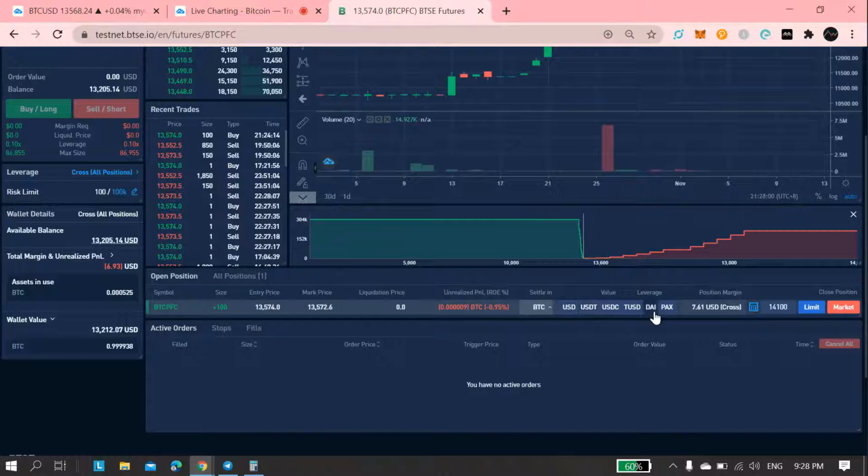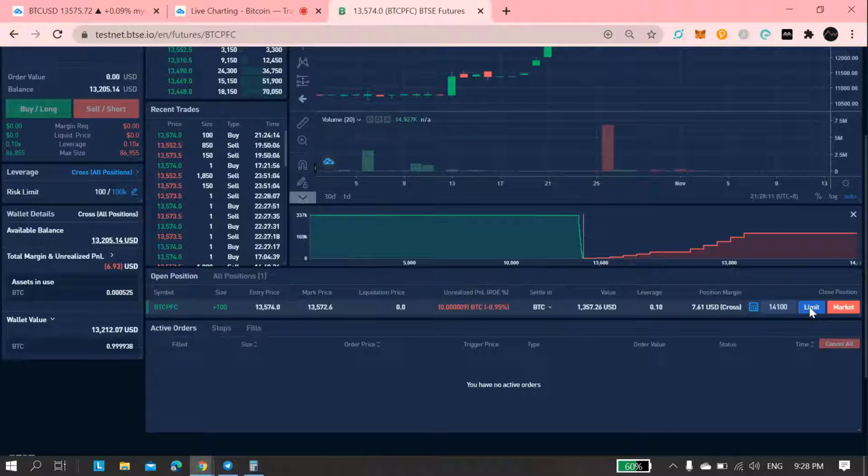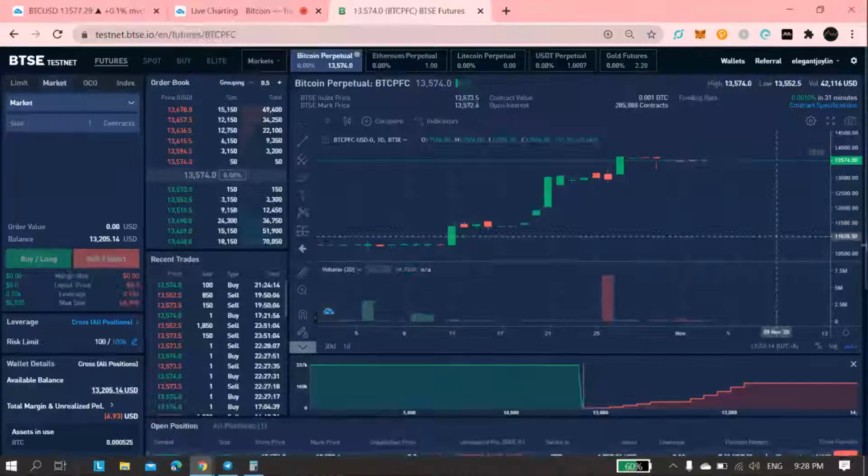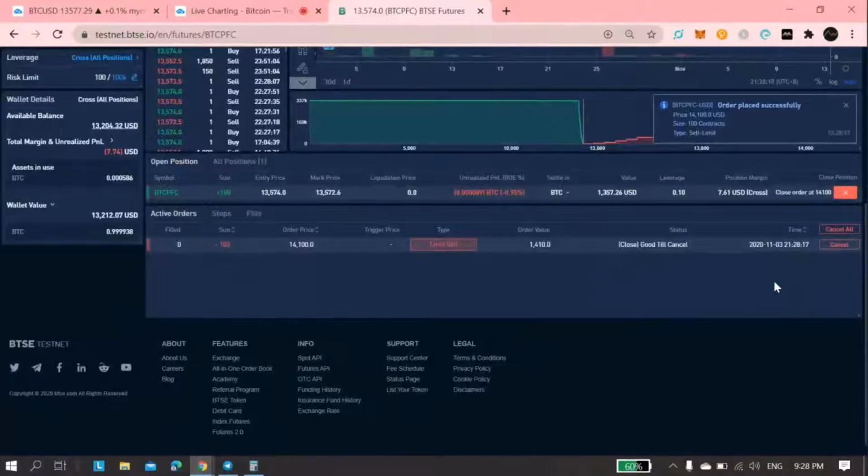But anyway, you can select whatever settlement method you want. If you want USD, then click USD. So let me just click the limit. So I'll just wait until this is executed.